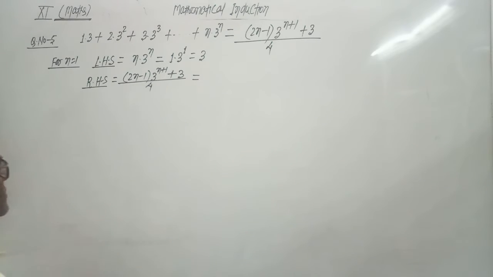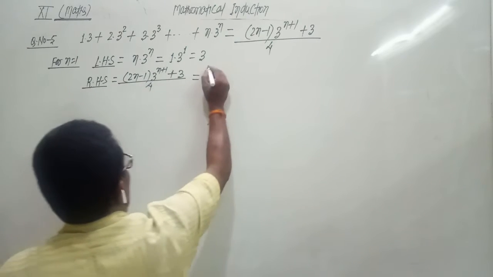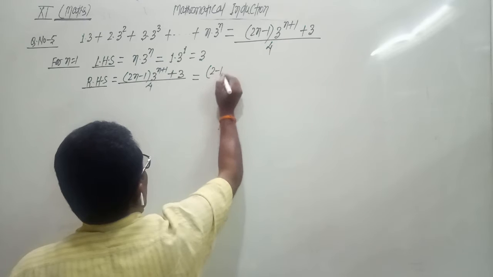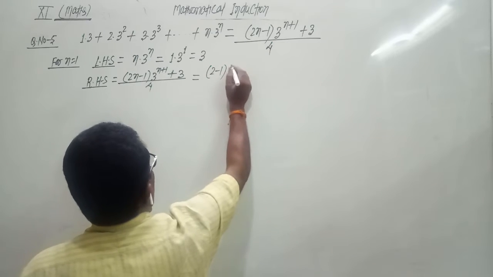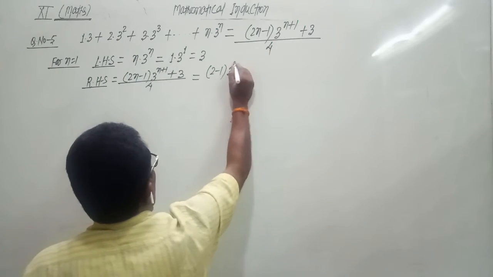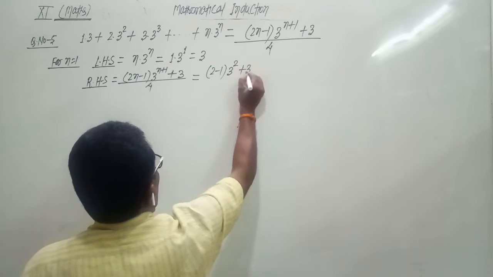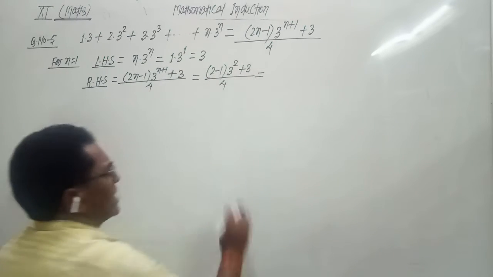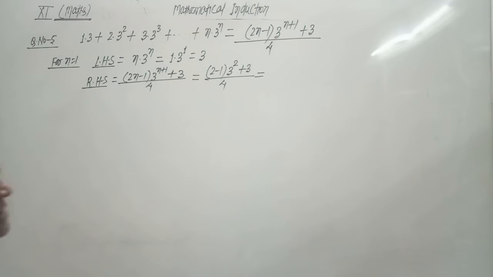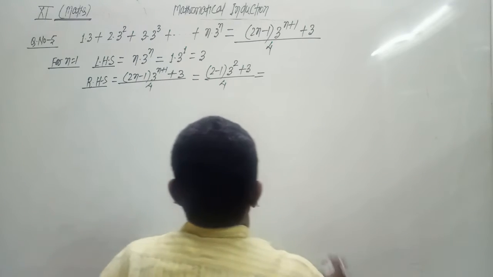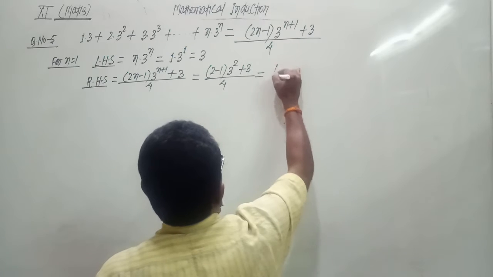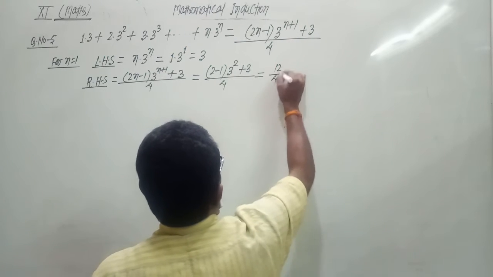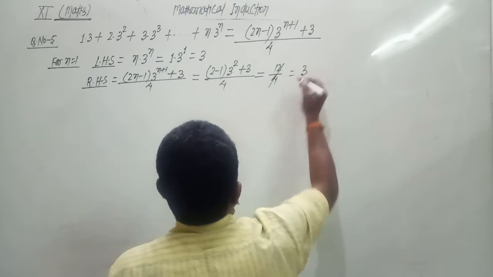Put n equals to 1: 2 into 1 minus 1, into 3 raised to the power 1 plus 1, plus 3, upon 4. 2 minus 1 is 1, and 3 square is 9, 9 plus 3 is 12, 12 divided by 4 we get 3.